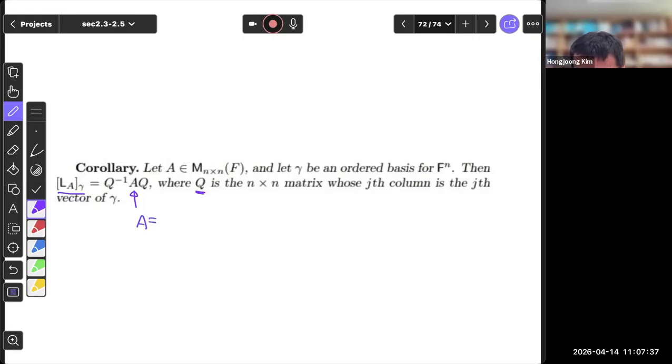So A is the matrix representing this L sub A left multiplication mapping with respect to the standard basis. And Q is a mapping which changes the basis between gamma and the identity mapping. Then we have this simple result.